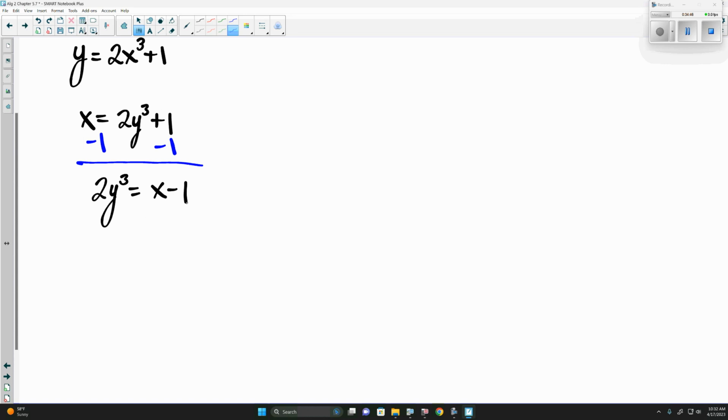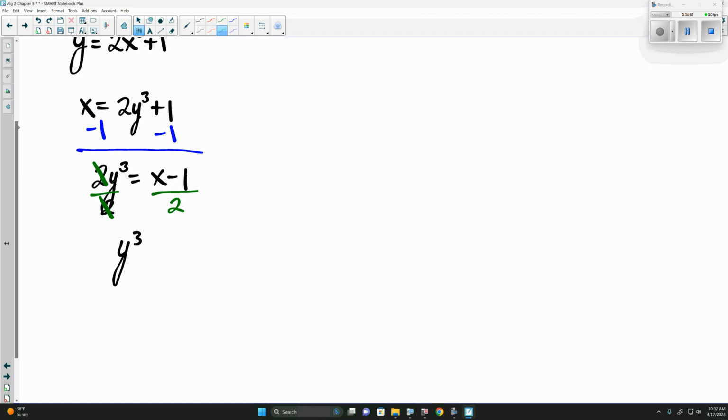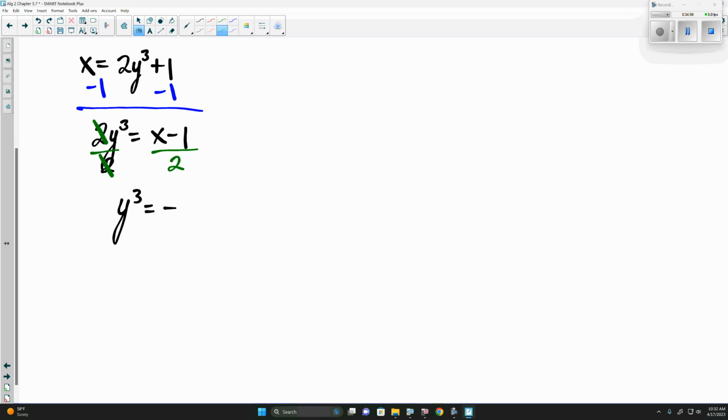Then the next thing we can do is what? Divide both sides by 2, telling us that y cubed is equal to x minus 1 over 2.